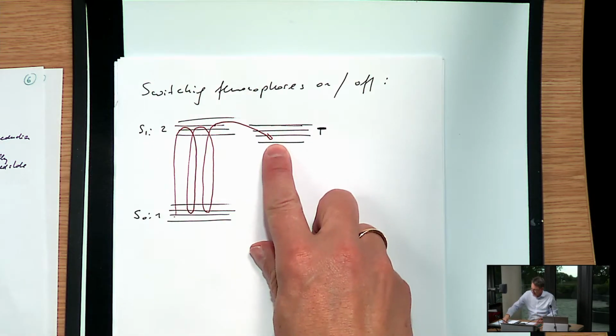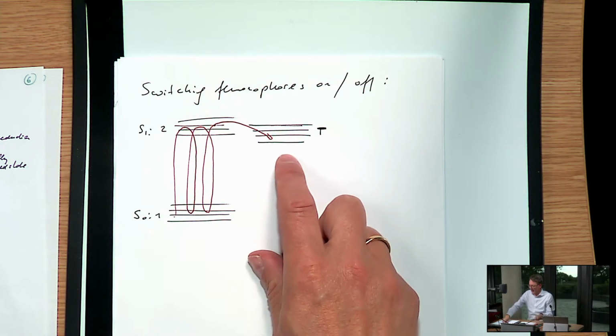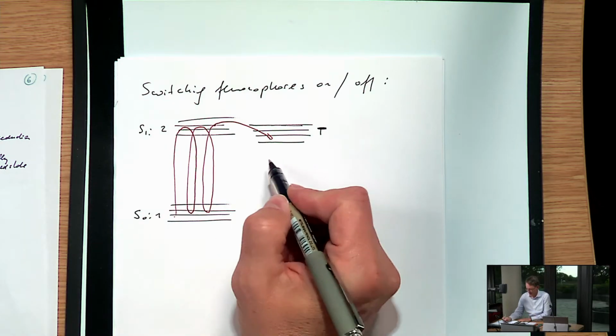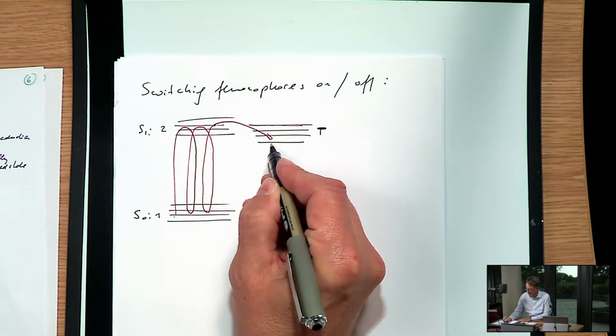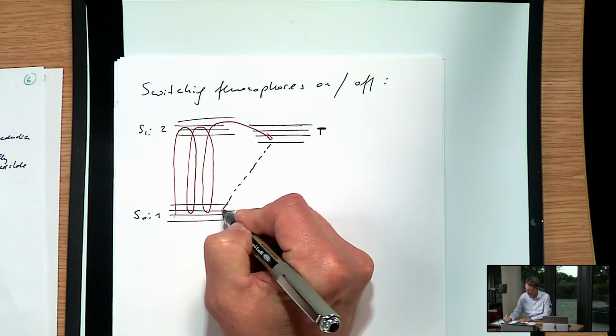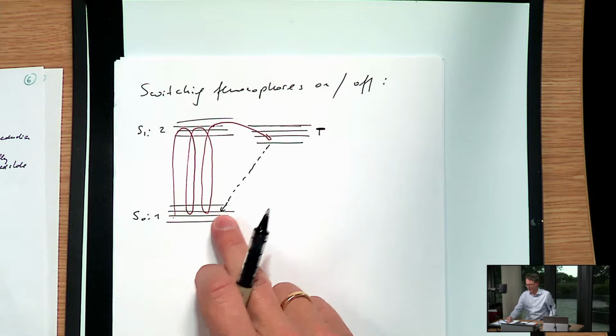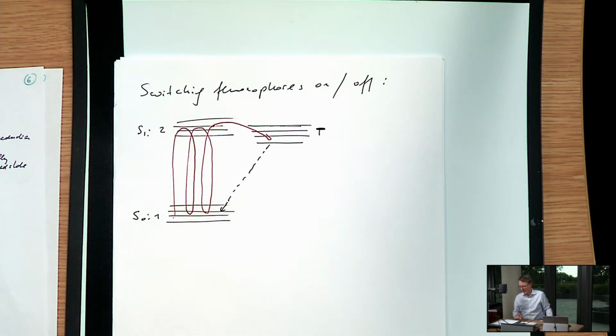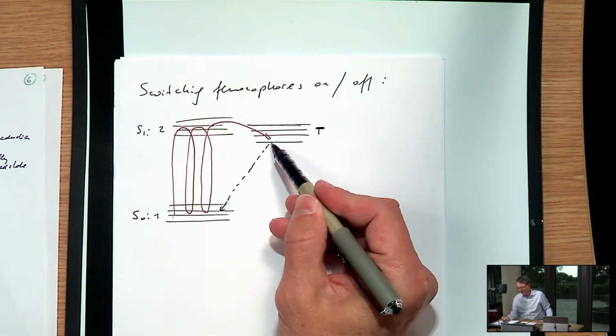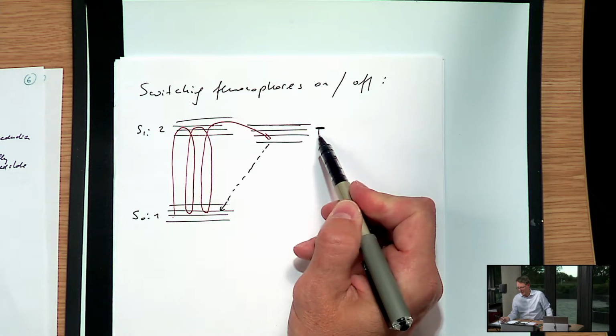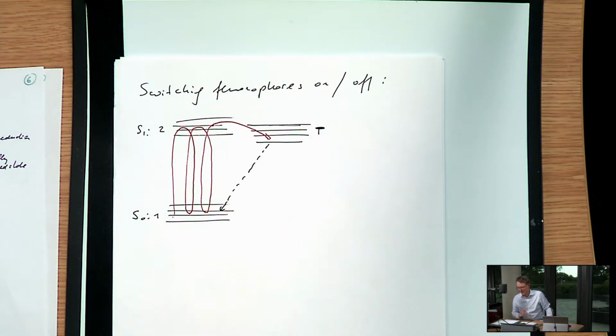And so once it's in that state, it's actually very hard for the molecule to return back down to the singlet ground state again, so that it can participate in fluorescence again. Because in quantum mechanics it turns out that a transition between a triplet state and a singlet state is what is called electric dipole forbidden. The details are not important, but this transition is very, very unlikely.